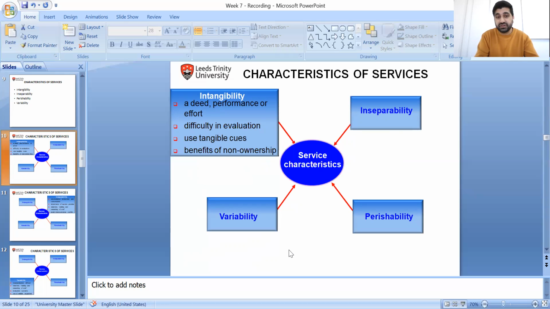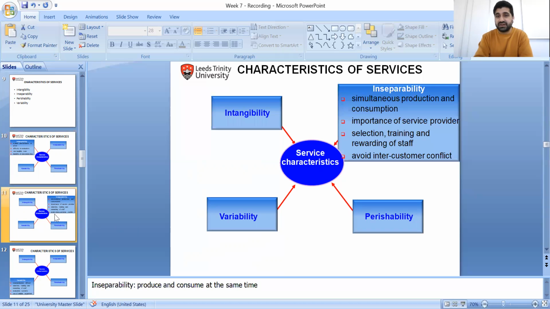Use tangible clues: to provide a service, we must use tangible clues, for example, an established environment we use to provide those services. The benefit of non-ownership: there is a benefit of non-ownership here.